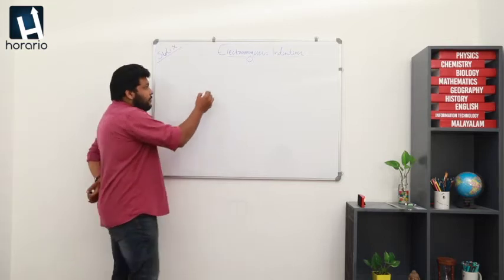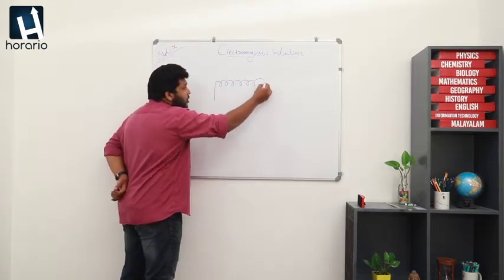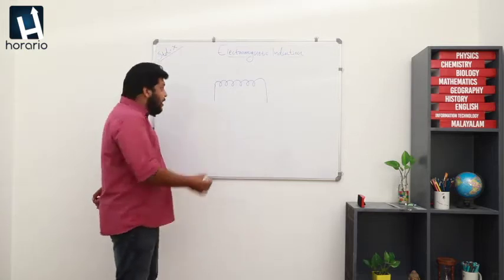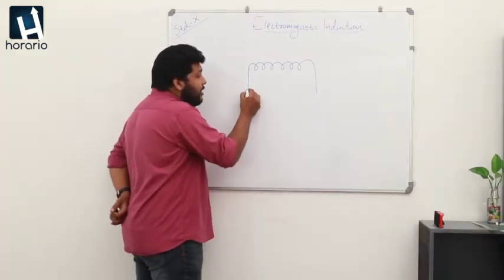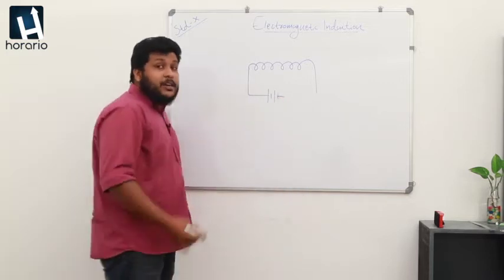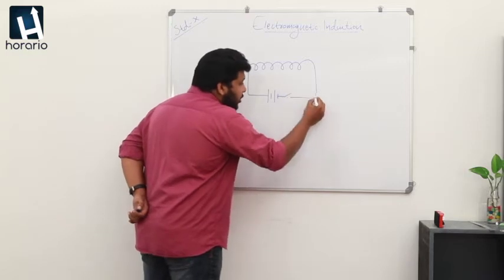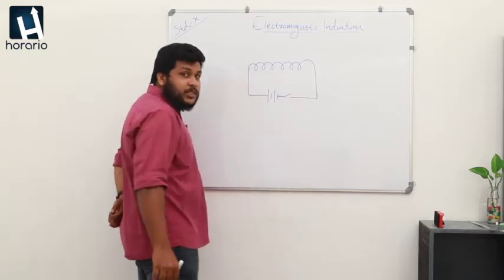For example, we are considering a solenoid. This solenoid is connected to an energy source, a voltage source, which is controlled with a switch.